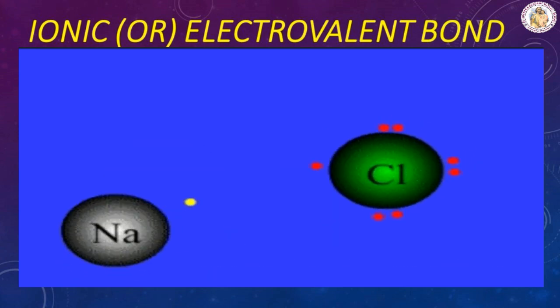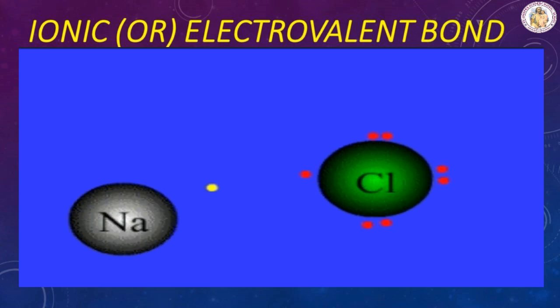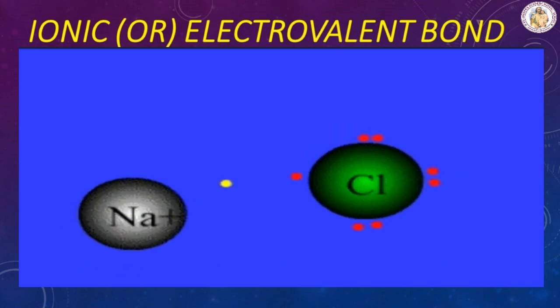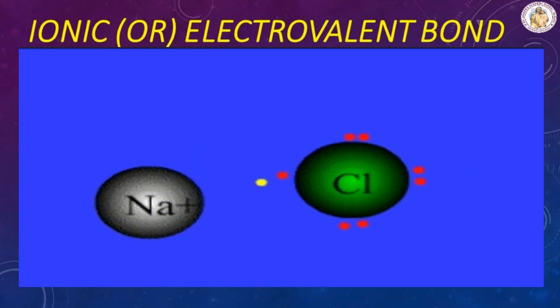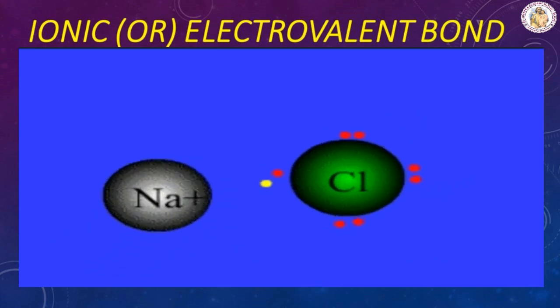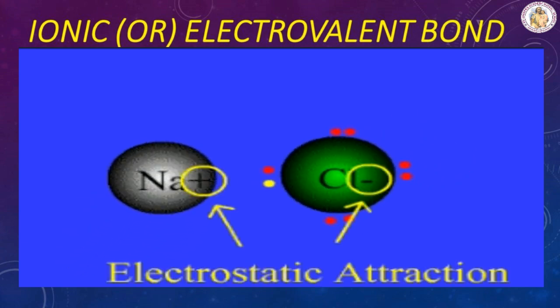Here valency shell is the outermost shell. The atom that loses electrons will form a cation, that is a positive ion, and the atom that gains electrons will form an anion, that is a negative ion.